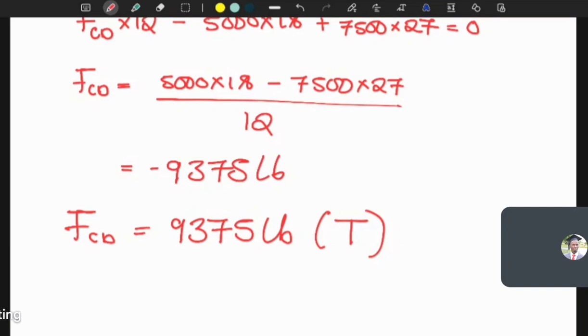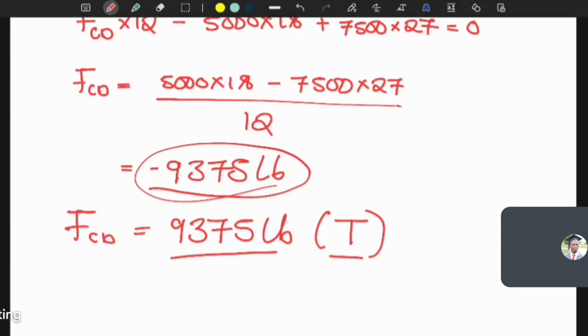So whenever we have to use the force FCD, we'll be using its negative value because we're not changing our diagram. But in presenting, we're just presenting it like this and then just stating tension. We will not use this value. If you want to use this value, it means that you have to change the orientation on the diagram as well, which we are not going to do.